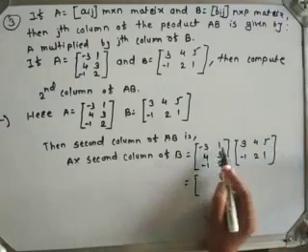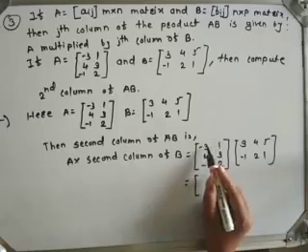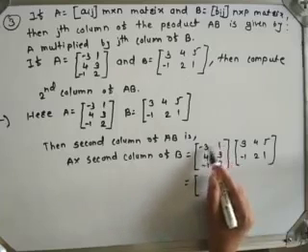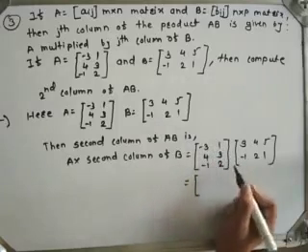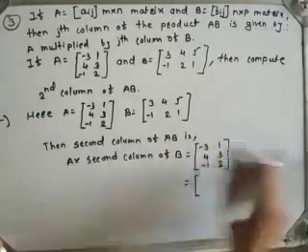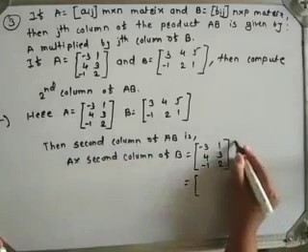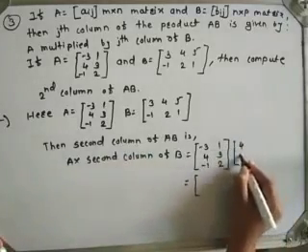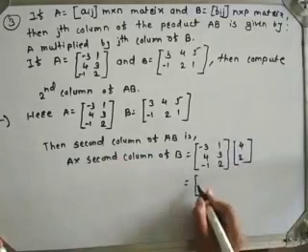For the first entry, we have to multiply corresponding entries of the first row of A into the second column of B. What is the second column of B? It is 4, 2.